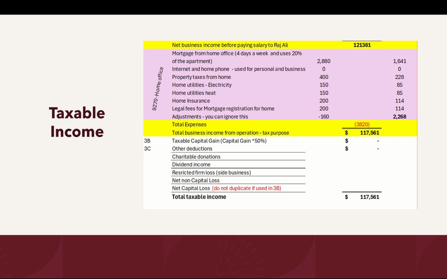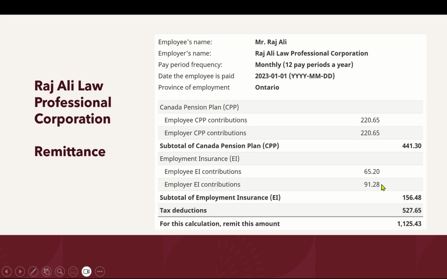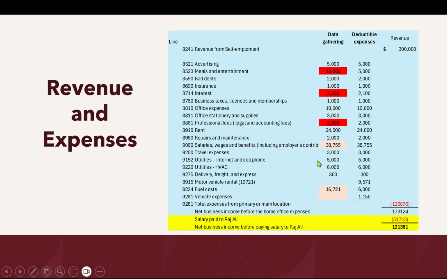So this is the taxable income, and this is the net income before. By the way, here Mr. Raj Ali decided to pay himself 48,000 salary. This number over here, 51,743, includes the CPP and EI, which I showed you over here, the employer portion. And this is the business data for T2.